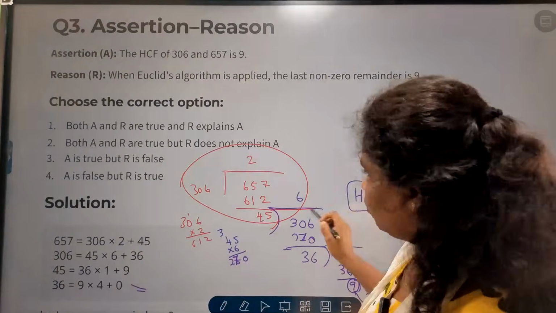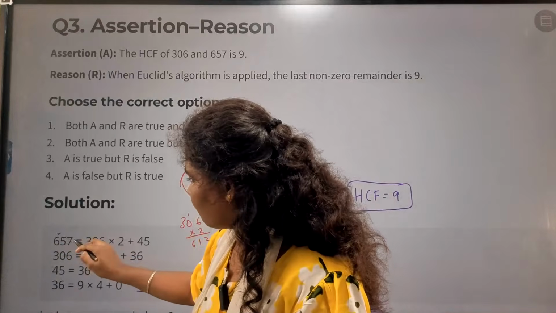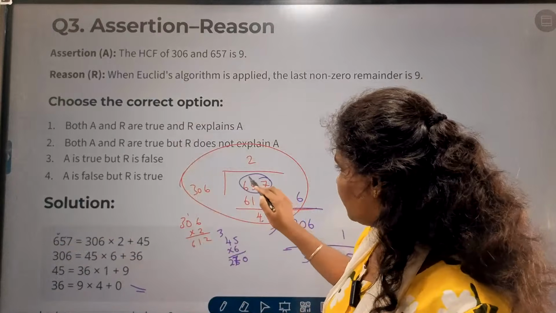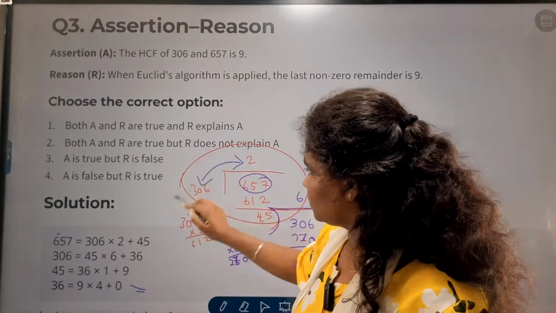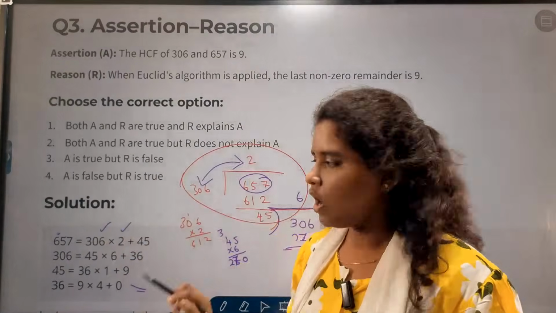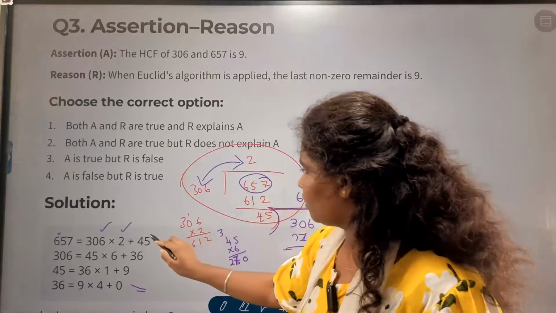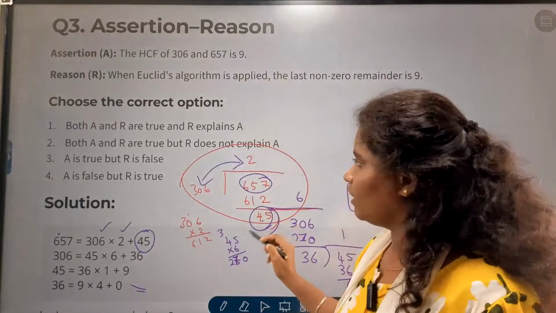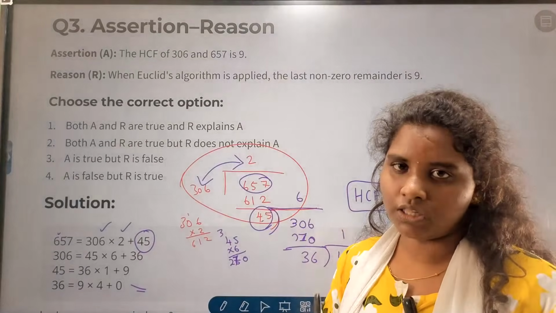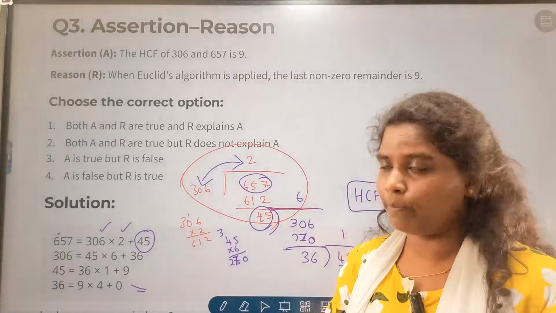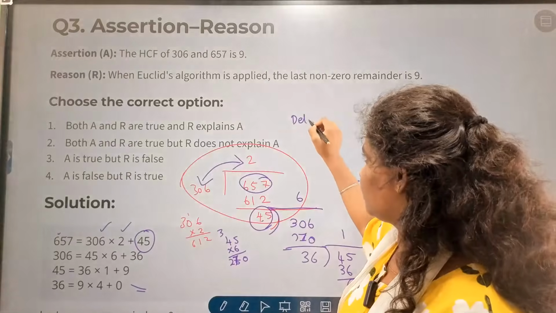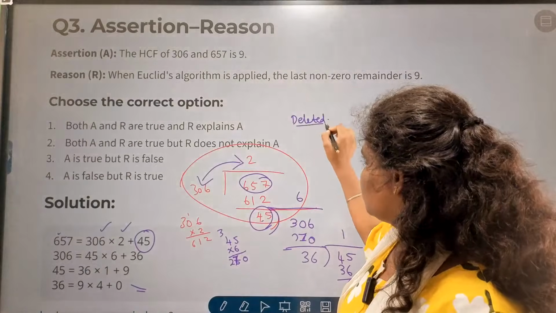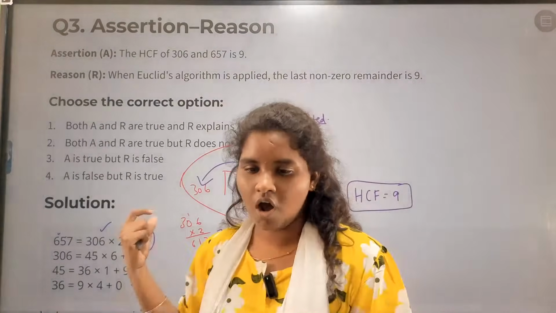Right? So see here, 657 is equal to 306 into 2 plus 45, which is the remainder. In the CBSE board, the Euclid's division topic is deleted, right? So it's one of the methods.